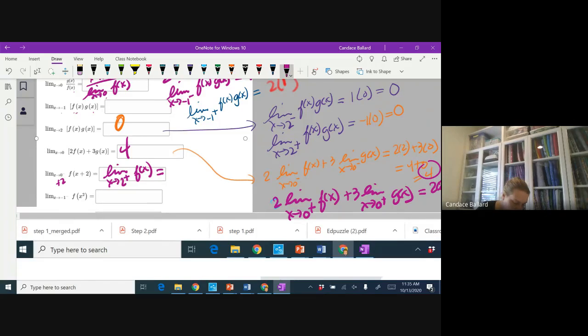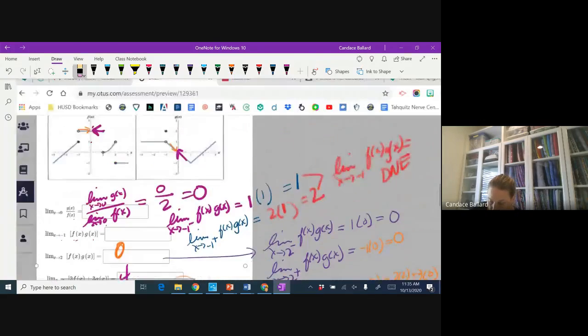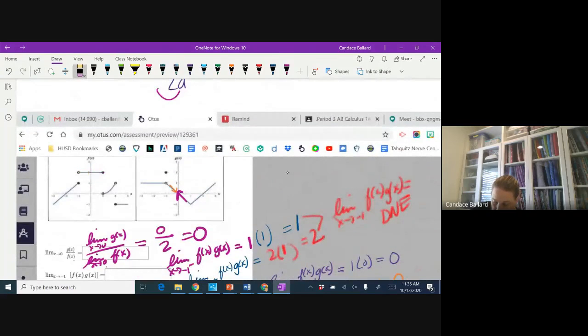Okay. So I'm looking at f of 2, so making sure I'm doing it right. Sorry, I said right, I meant left. Okay, so let's try this one. So we're 2 from the left on f, right? So 2 is here from the left, looks like it is equal to 1.